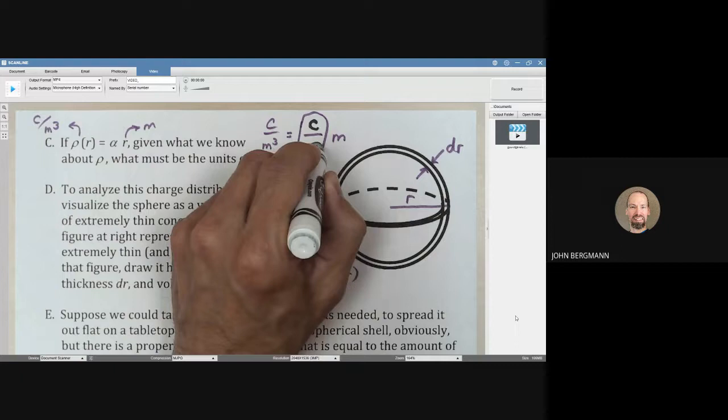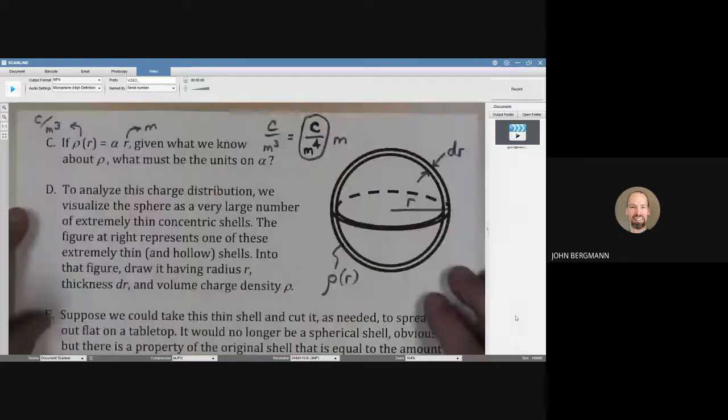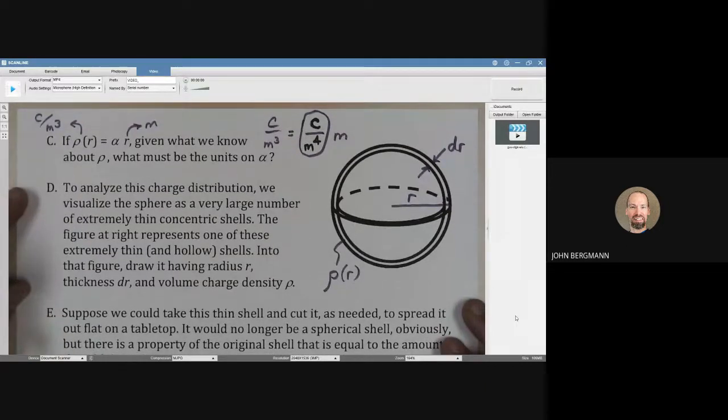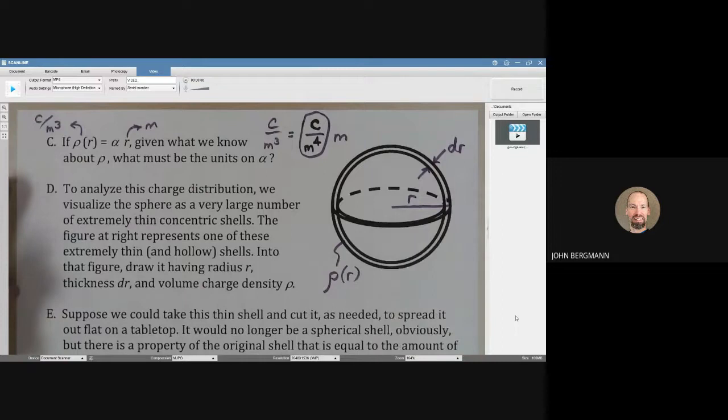So now we're going to imagine this solid sphere as an infinite number of individual, very thin shells. I've tried to represent one of those here: radius r, thickness dr, and it has a particular charge density at that value of r.